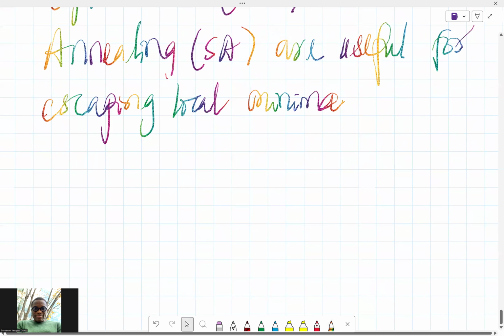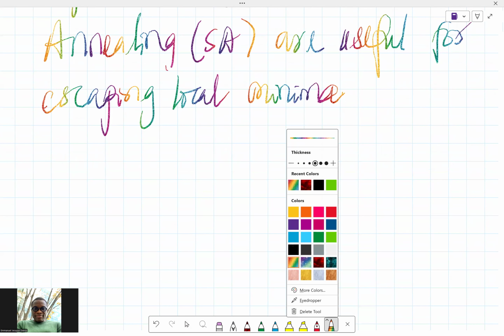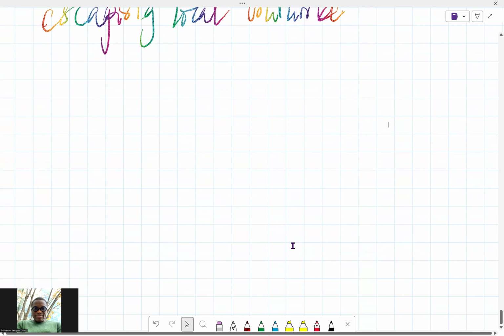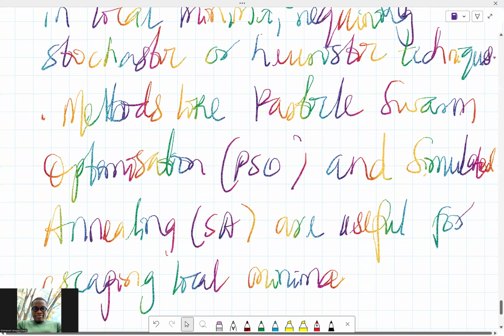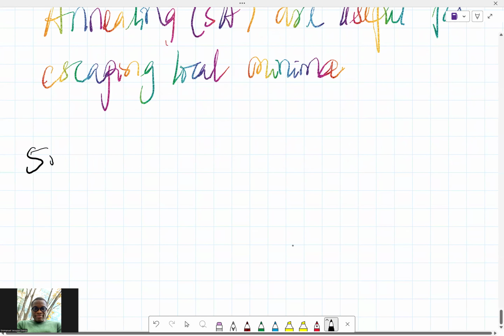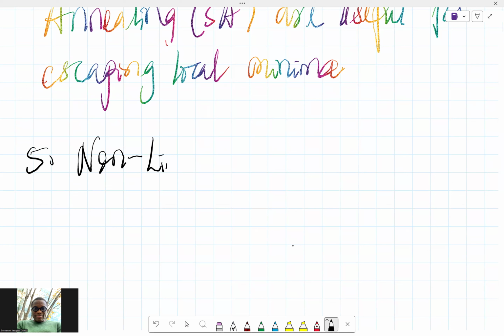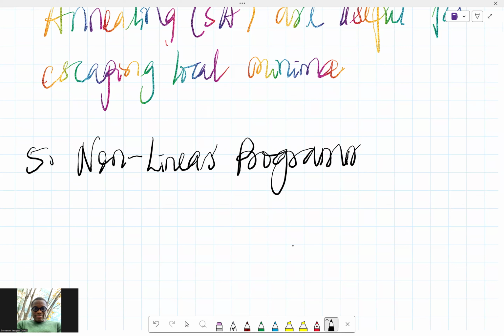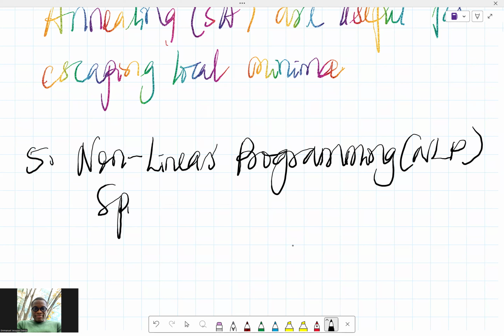Finally, let's talk about another category of numerical optimization techniques: techniques specific to nonlinear programming. I can make that my fifth category, nonlinear programming, that is NLP specific techniques.